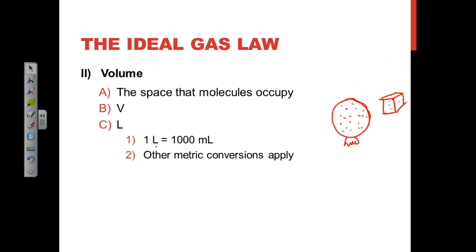The most common unit that we use to measure things in the lab, though, is milliliters. So we have to be able to convert between milliliters and liters. But any metric conversion is really applicable here, whether it's deciliters to liters, or kiloliters, or whatever. But milliliters is by far the most popular one.